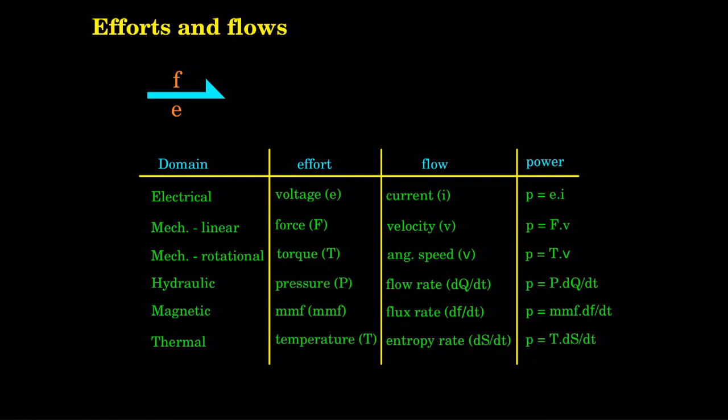Thermal: temperature is the effort, flow is entropy rate. Entropy is power flow or heat flow per unit temperature.